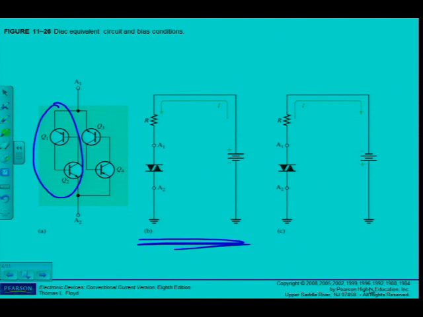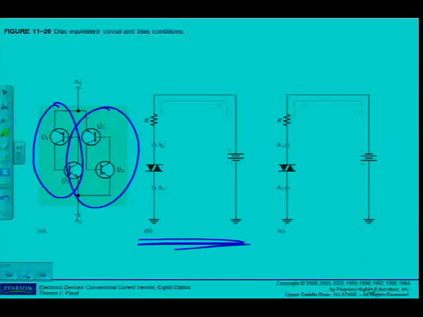But of course, when the diode is biased as shown in figure 11-26C, the PNPN structure from A2 to A1 is used. In the equivalent circuit, we can see that Q3 and Q4 will then be forward biased and Q1 and Q2 are reverse biased.